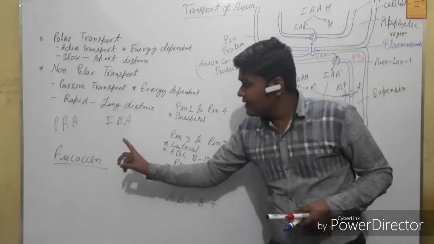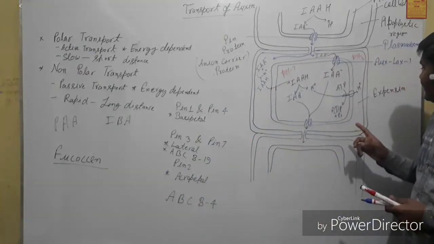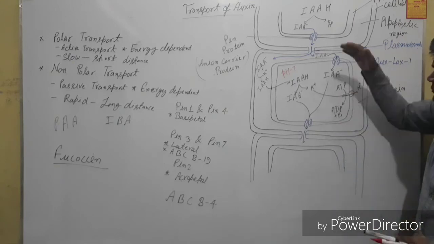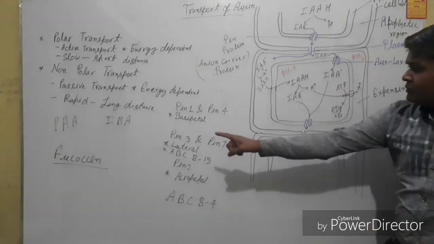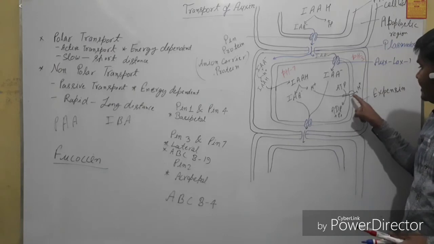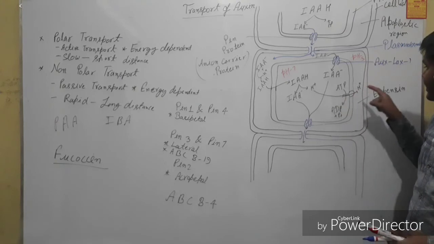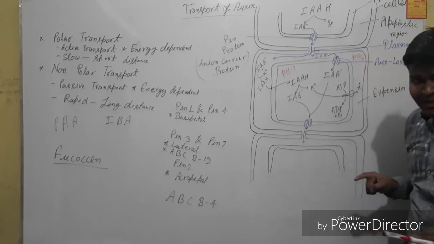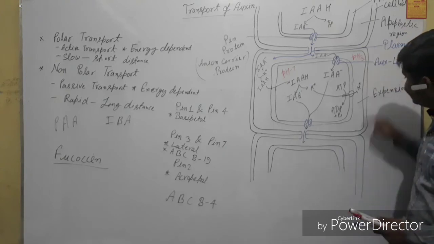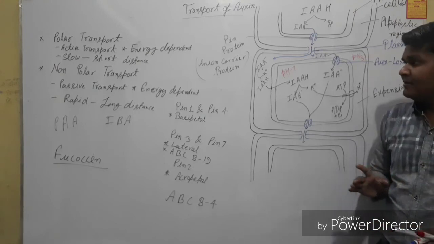That is why fusicoccin helps in the expansion of the shoot tip. Fusicoccin actually activates the hydrogen ion pump. When the hydrogen ion pump is active, then the hydrogen concentration here increases. When hydrogen concentration increases, it makes an acidic environment where expansin is present. Expansin loosens the cell wall.